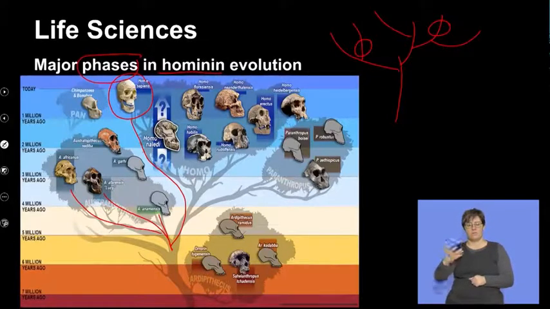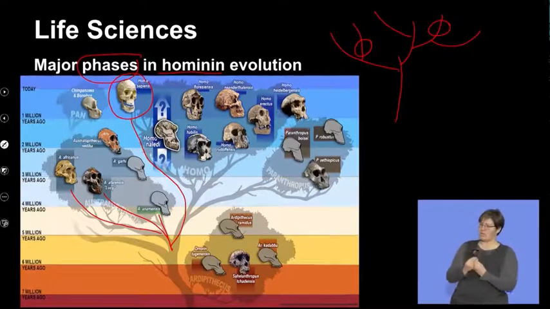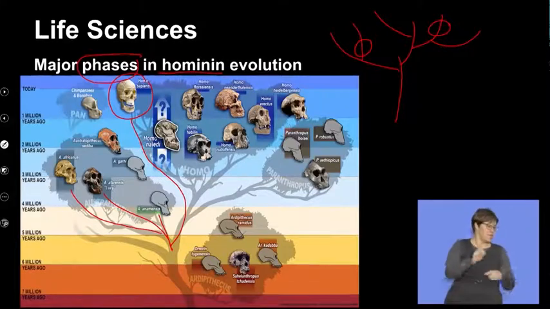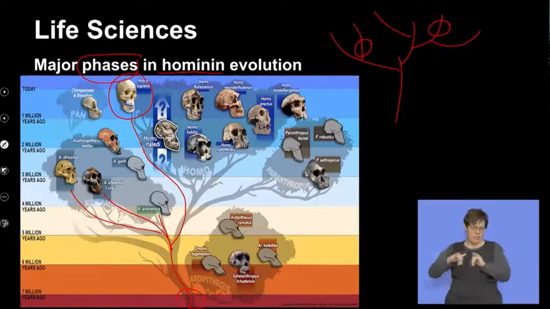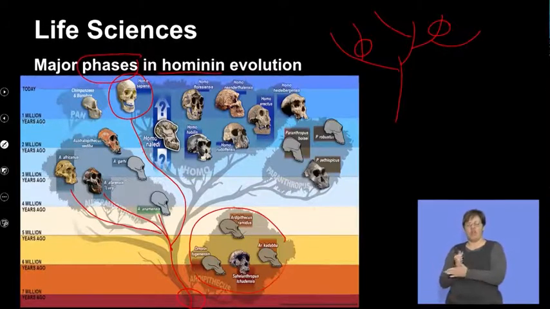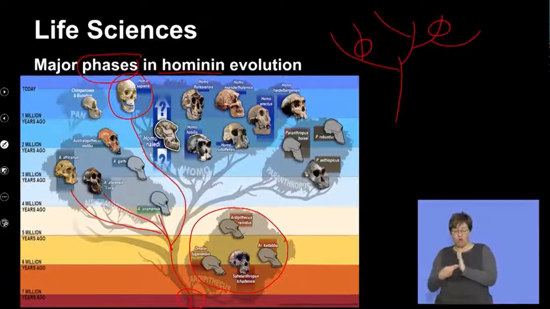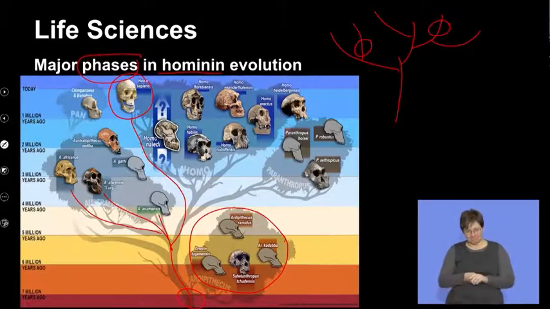Okay, so what are we looking at when we look at the major phases? You don't need to learn everything off by heart here, but you do have to understand the basic concept. What we have here are our common ancestors. These are always going to be your early hominins. You'll notice they don't go anywhere because they don't play a direct role in where the humans come in.